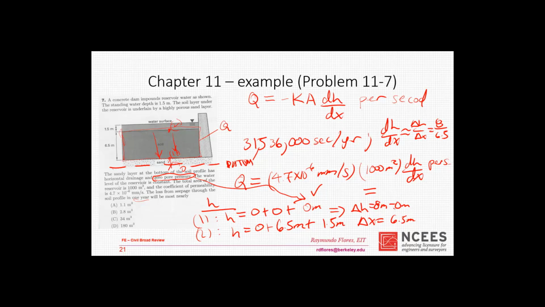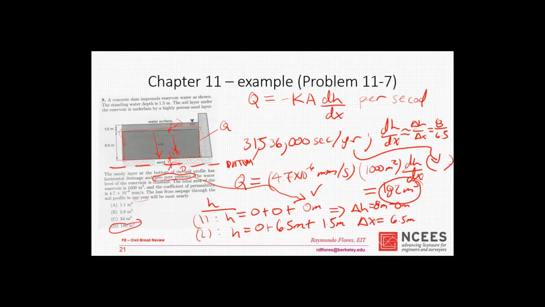When you plug everything in, this is approximately 182 meters cubed, and that's the right answer. Oh, I'm sorry, if you multiply it also by this number, there's just so much going on, it's hard to squish everything, so this is the answer.